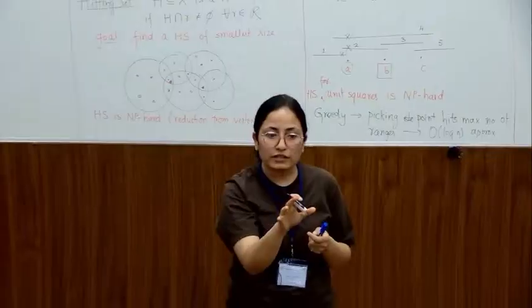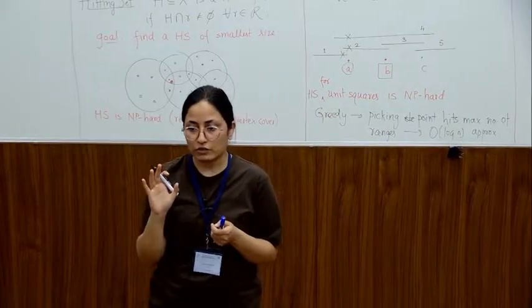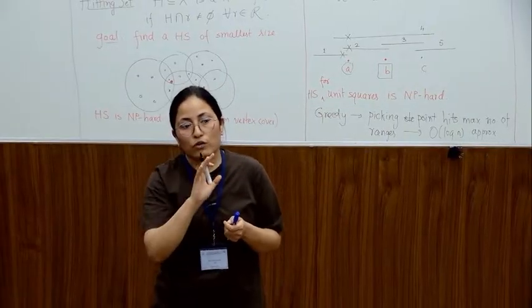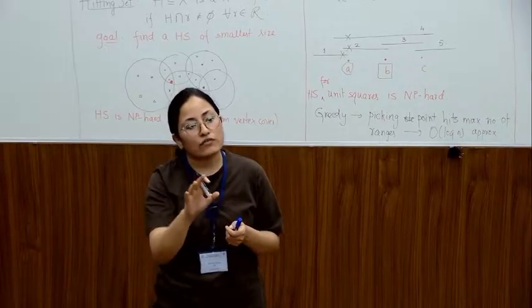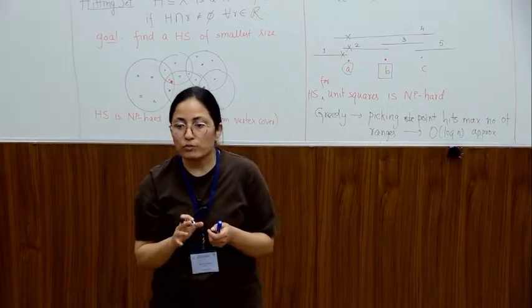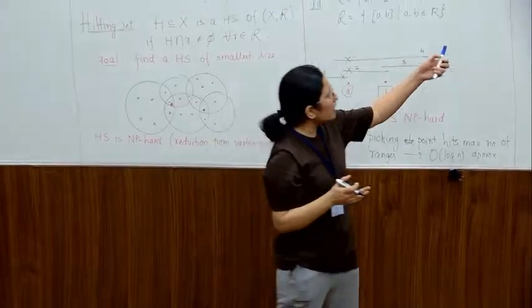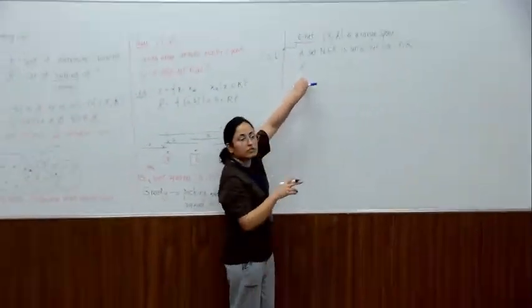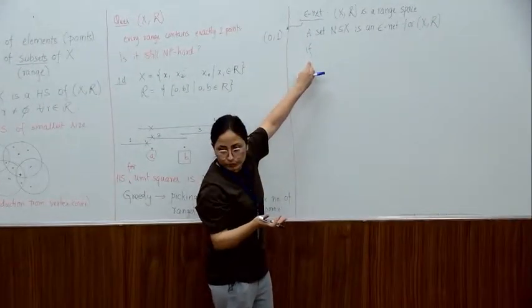Right? Suppose epsilon is half. What I'm trying to say is, look at all the ranges which contain at least half of the points. You want to pick a subset of X which will hit every range that contains at least half of the points.